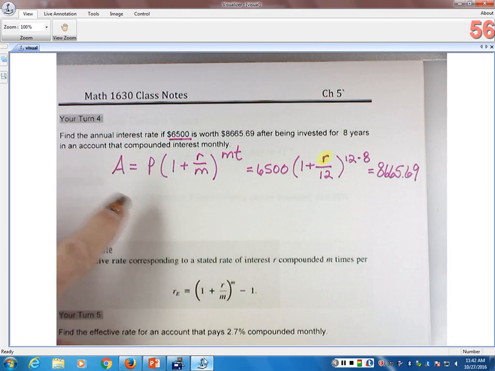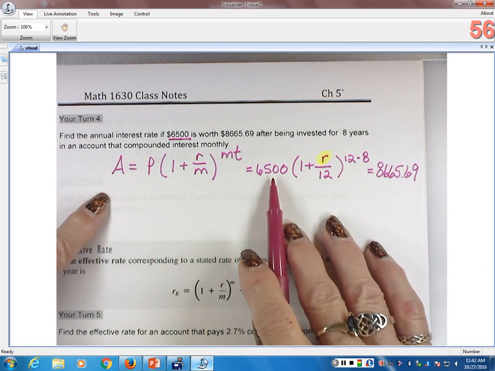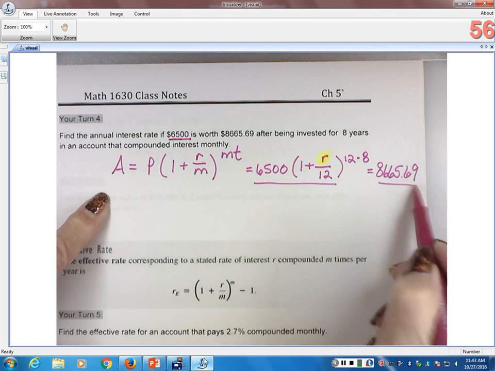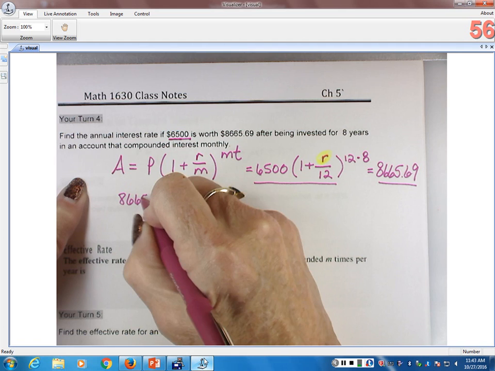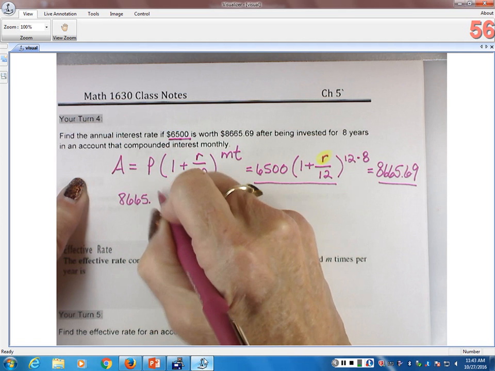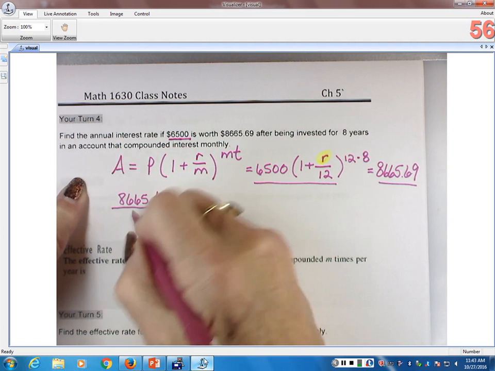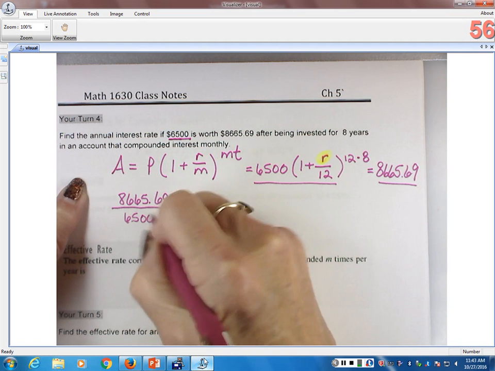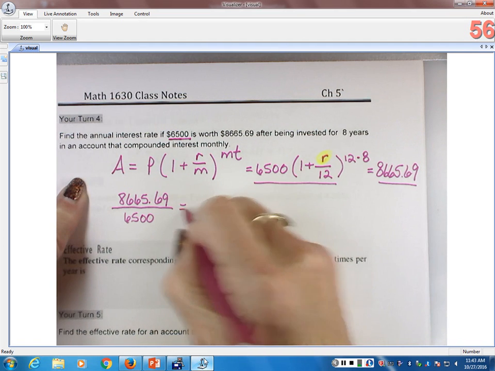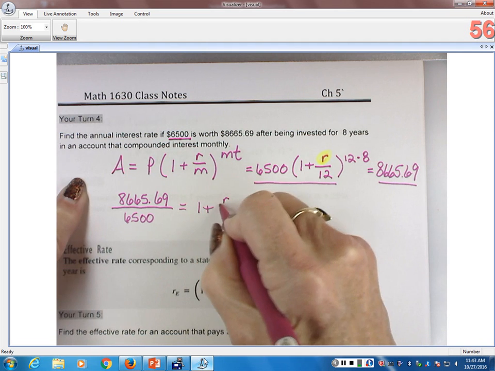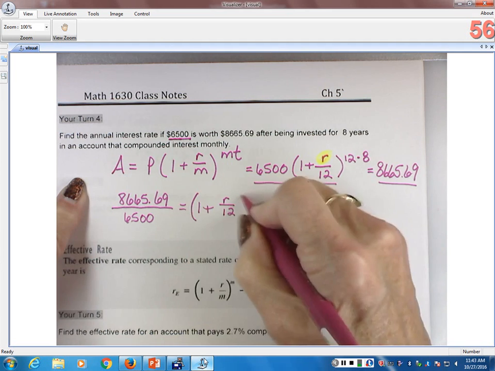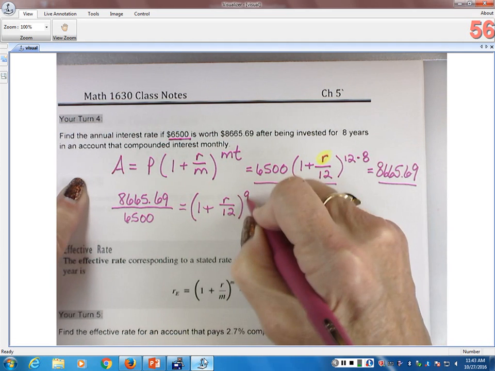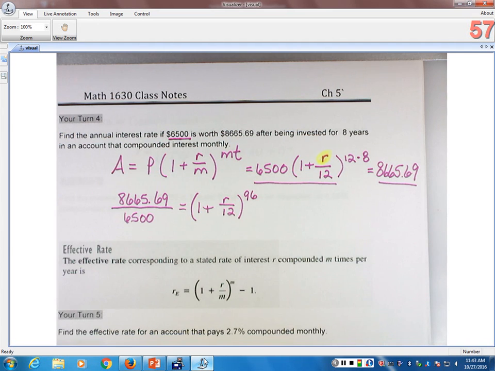So my first step is going to be to divide both sides by the 6,500. And that inside the parentheses is raised to the 96th power.